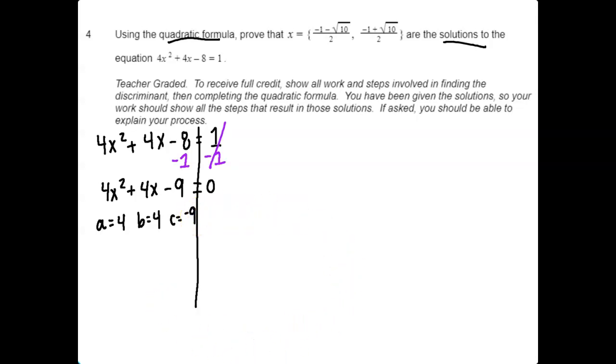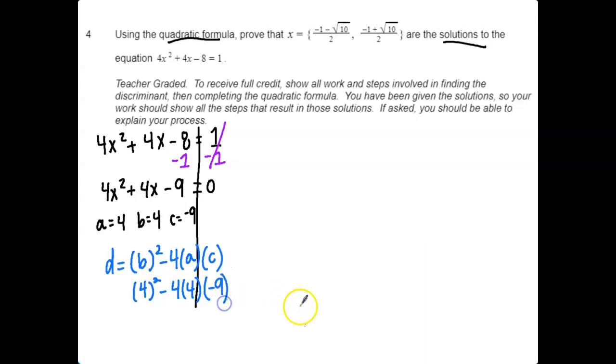All right, so with the quadratic formula, I first need to start with my discriminant. D is equal to B squared minus 4 times A times C. So my B is 4, minus 4 times 4 times negative 9.